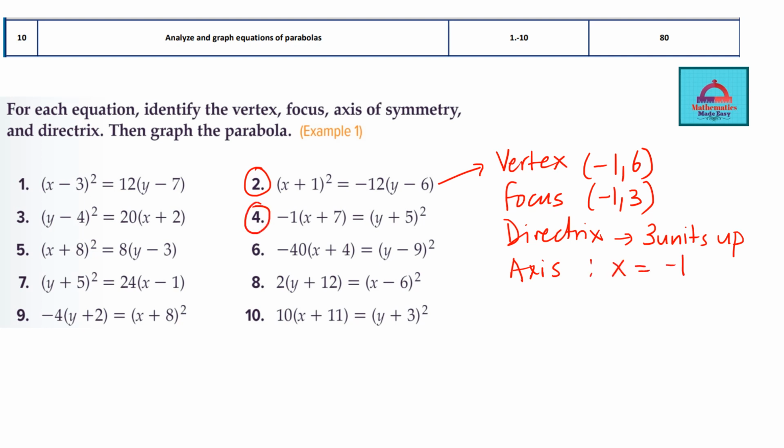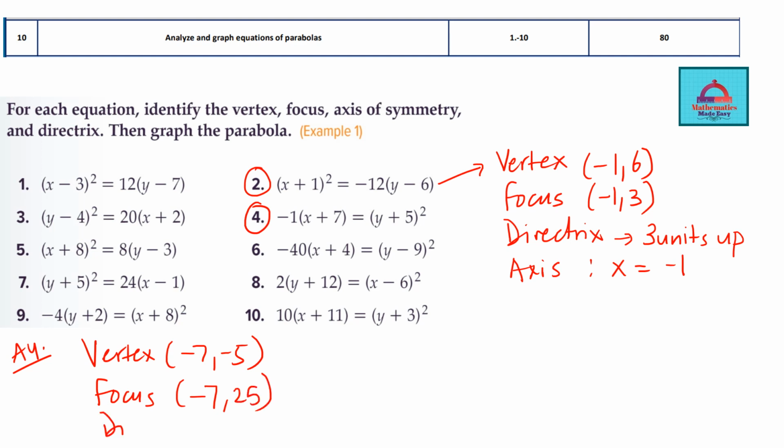Similarly, for question 4, I will write the final answer here. The vertex is going to be -7, -5. The focus is going to be -7, -7, 25.